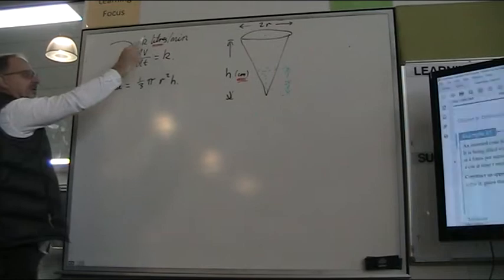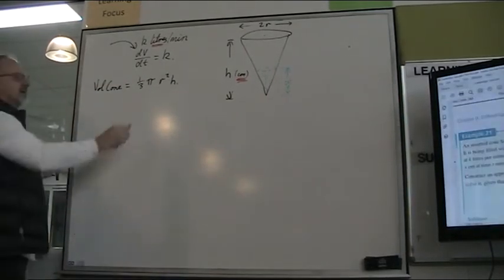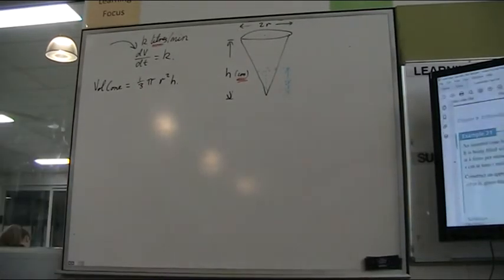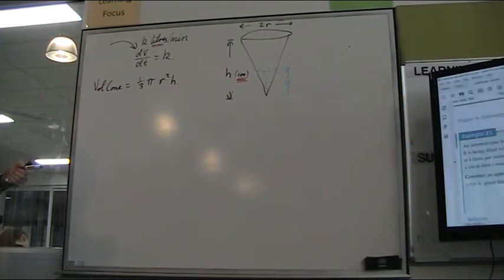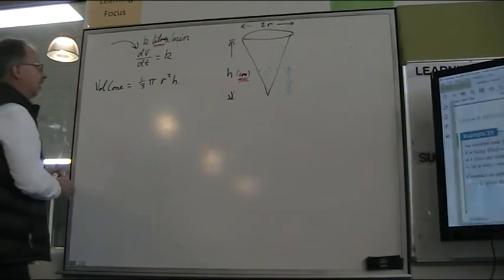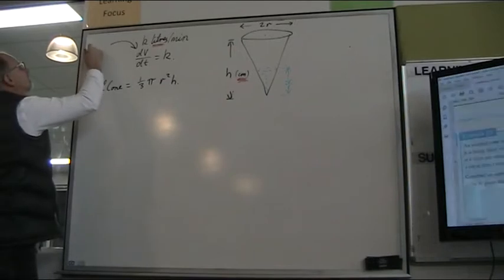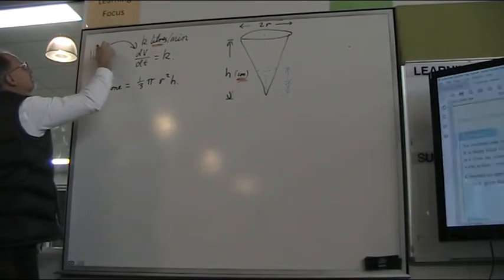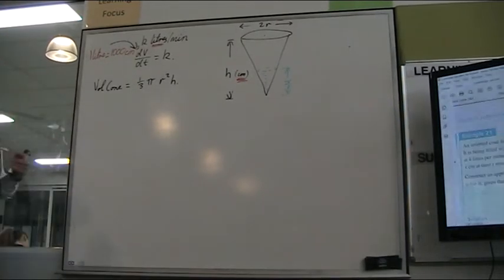Right here we've got the water coming in at k litres per minute, but our dimensions here are in centimetres, so if we use that, we'll end up with different units. We need to bring them together, and we can because 1 litre is equal to 1,000 cubic centimetres.